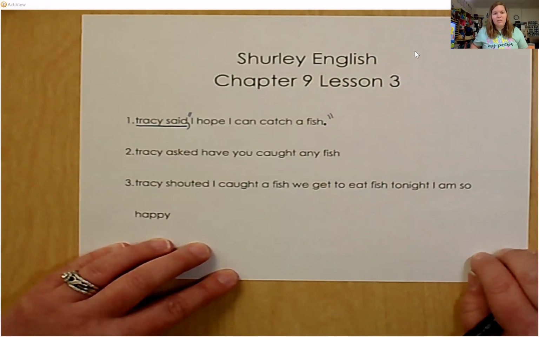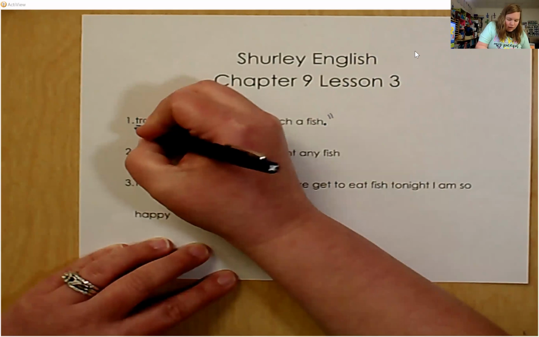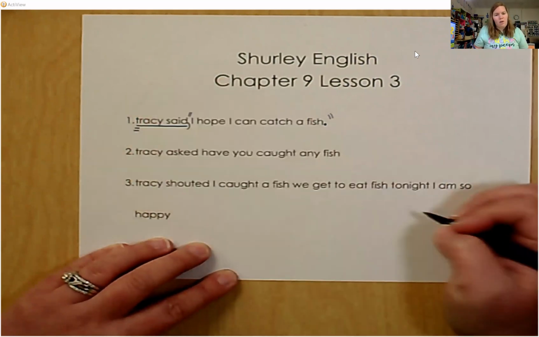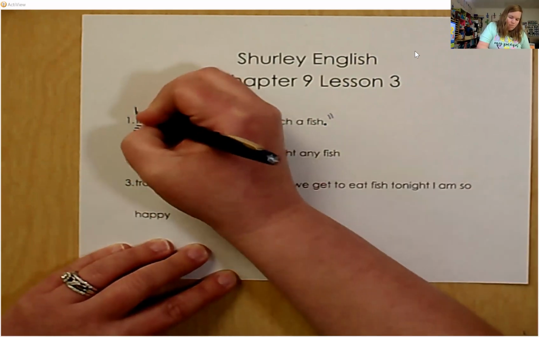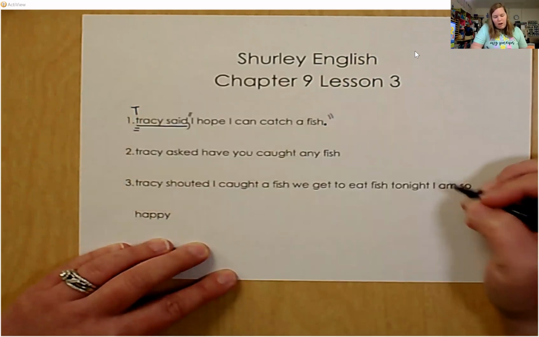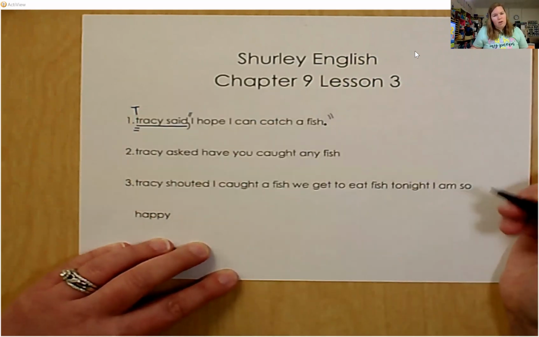Step number 2 is capitalize the beginning of the explanatory words. So Tracy needs capitalized, so I'm going to add 2 little lines. That stands for a capital T. And then the I is already capitalized, so nothing new to do there.